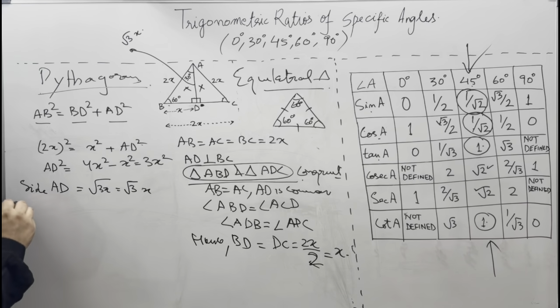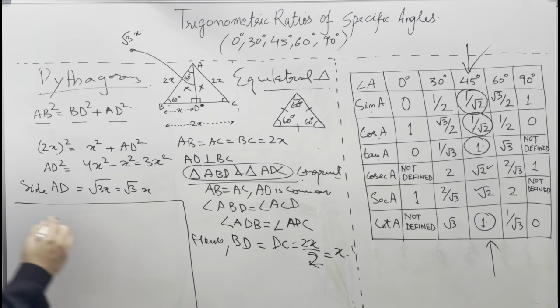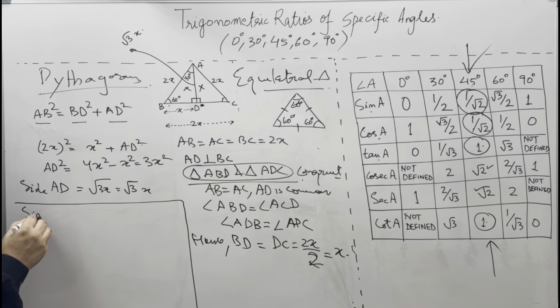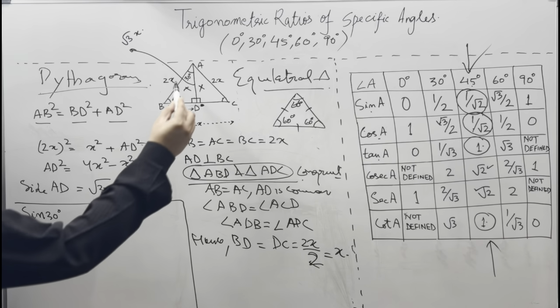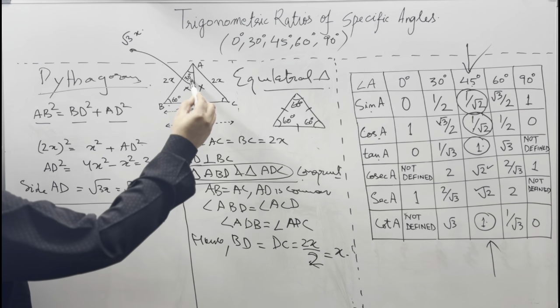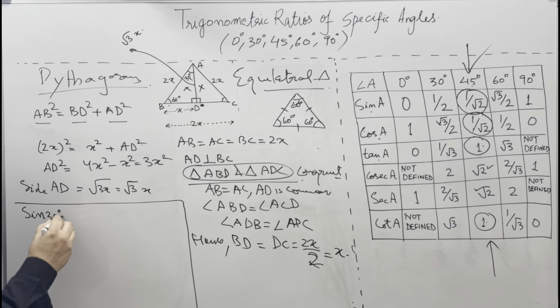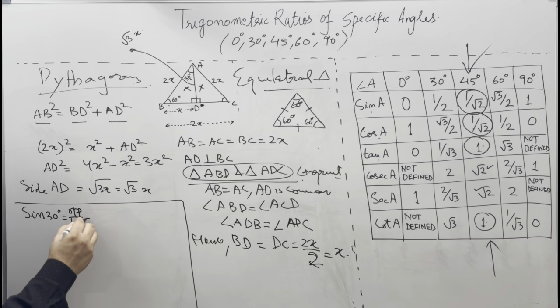Now let us find sine 30 degrees. If this is the reference angle, sine 30 means opposite by hypotenuse.